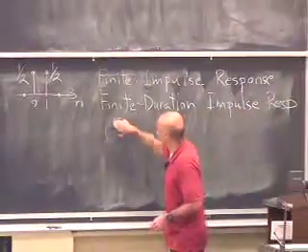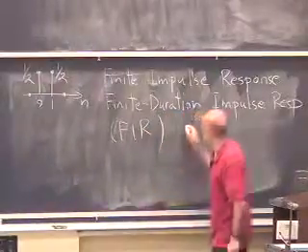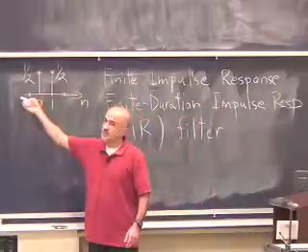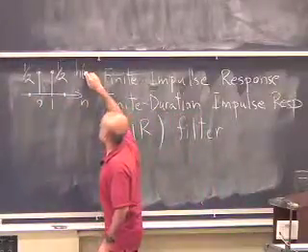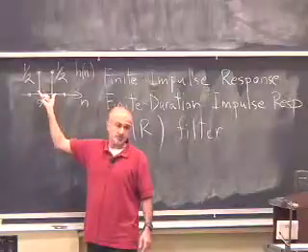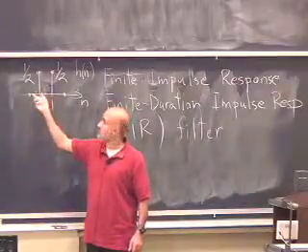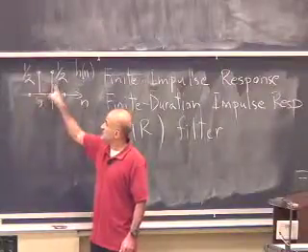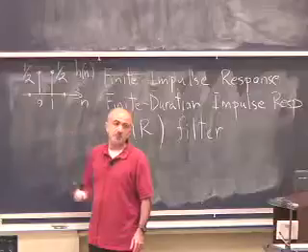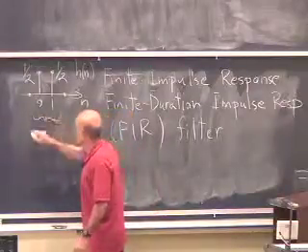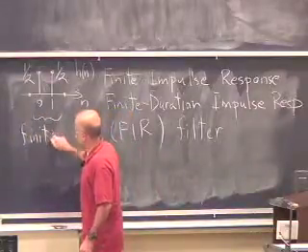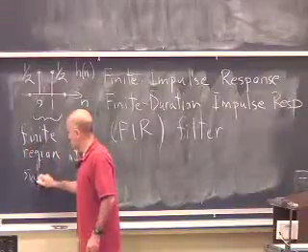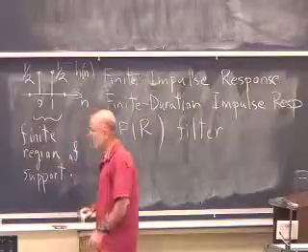And they all call it FIR filters. When you look at the impulse response and it's non-zero over only a finite range of values. So this is an FIR filter because its non-zero values extend over a finite interval. In other words, it's got a finite region of support, for those of you who get excited with math terminology.